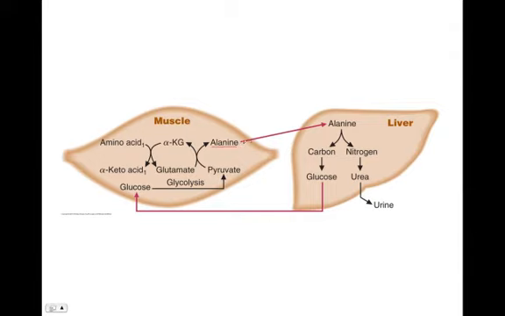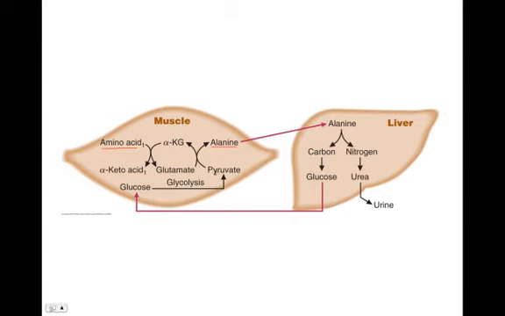Alanine can be released from the skeletal muscle. If we think about the case of protein catabolism, where amino acids are required for gluconeogenesis, proteins are degraded in the skeletal muscle to yield amino acids. These amino acids react with alpha ketoglutarate via a transamination reaction to yield glutamate.